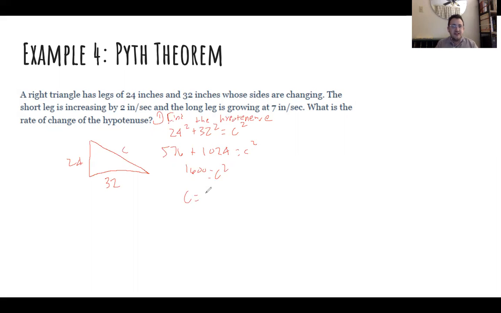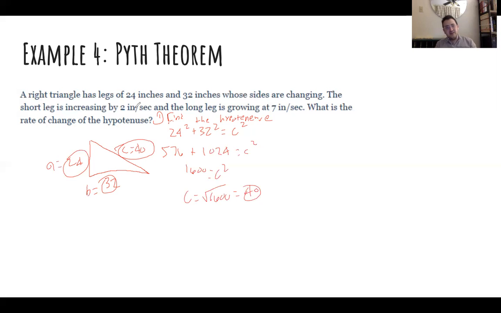If we take the square root of that, c is 40. I like to use the Pythagorean theorem to get where we need to go.